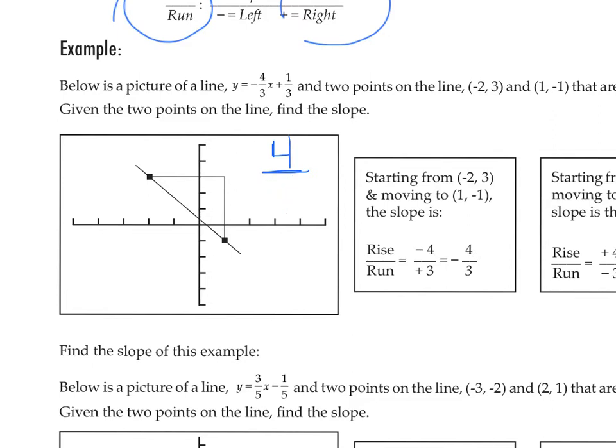It looks like the run is only 3, isn't it? 1, 2, 3. So my mistake there. Also, when you look at this line, it's going downhill, so this is a negative slope. We're going to talk about that on the next page. So the slope is a negative 4 over 3.